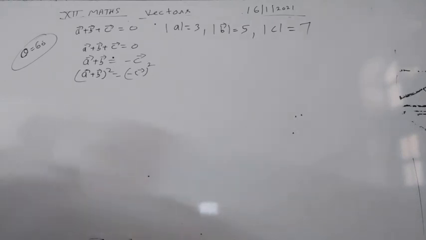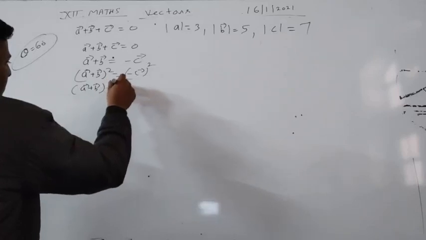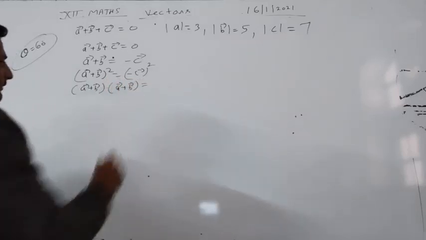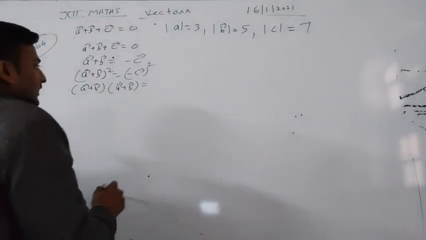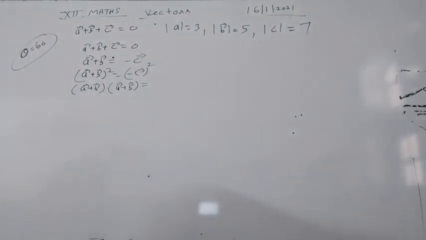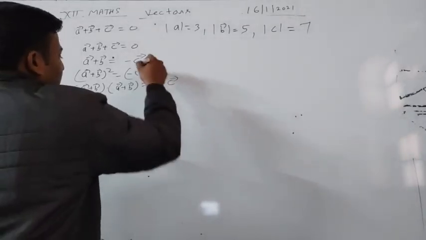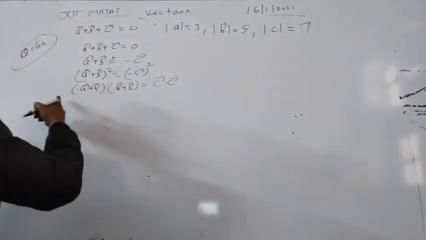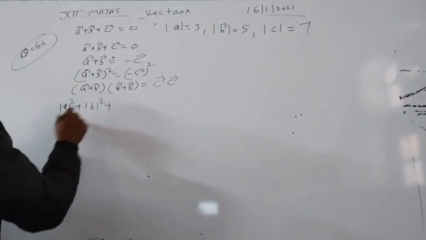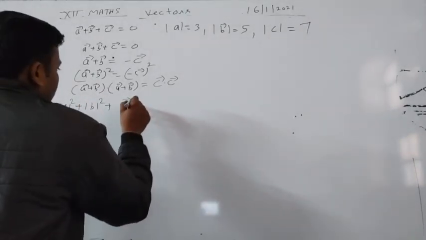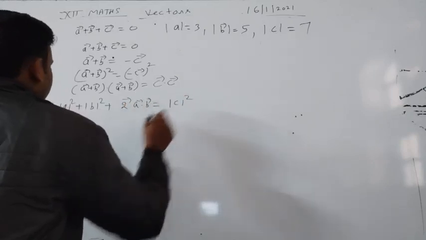Now we write A plus B dot A plus B, which is equal to magnitude of C square, that is C dot C. Now when we multiply this, we get magnitude of A square, magnitude of B square, and 2A dot B, equal to magnitude of C square.